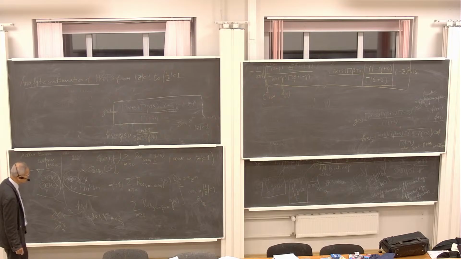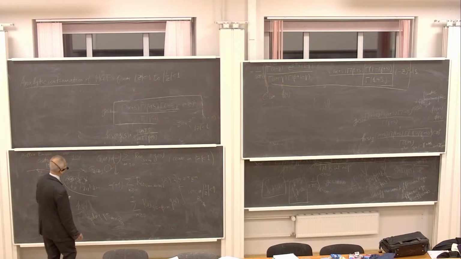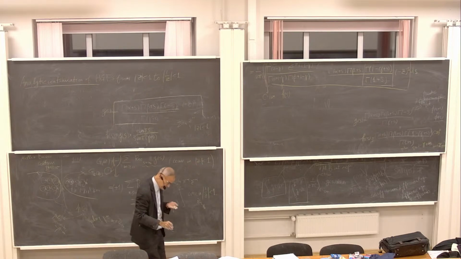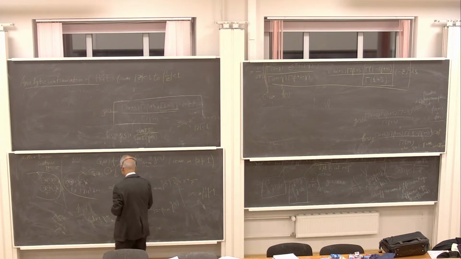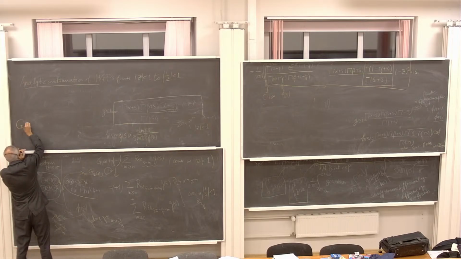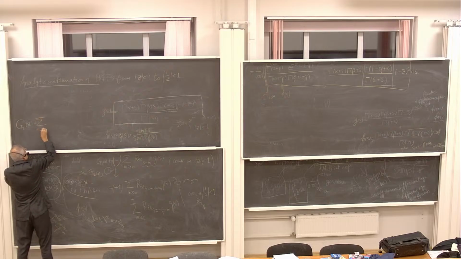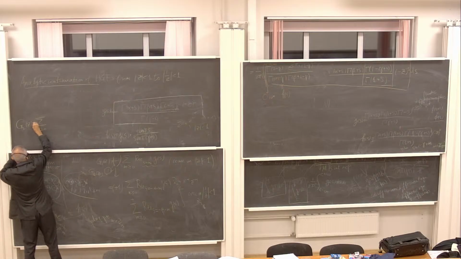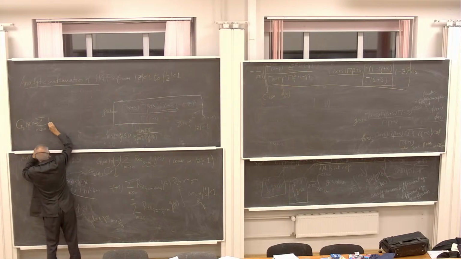So if I denote by G2 the summation of residues, it is also minus times residues of HS at S equals 1 minus gamma plus m.